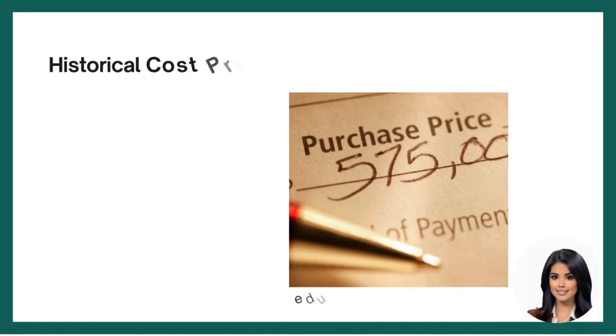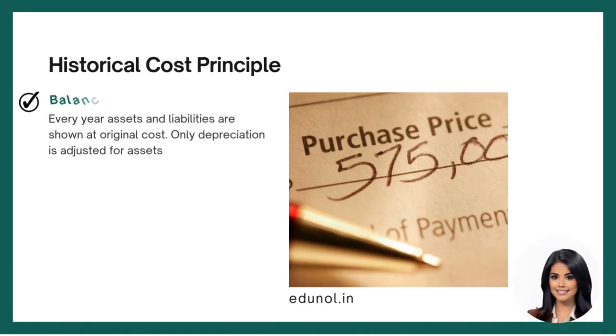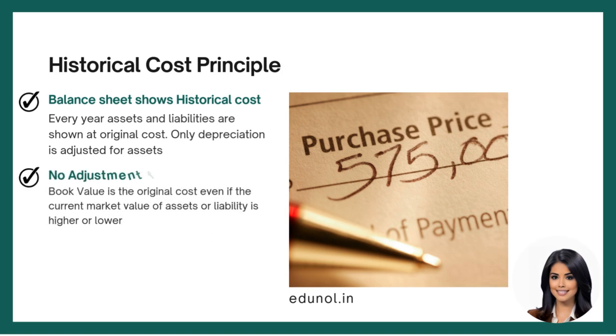Due to historical cost principle, every year assets and liabilities are shown at original cost in the balance sheet. Only depreciation is adjusted for assets. Book value remains the original cost less depreciation, even if the current market value of assets or liabilities is higher or lower than book value.